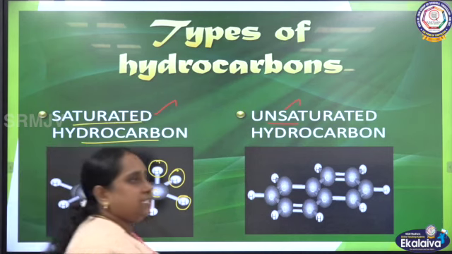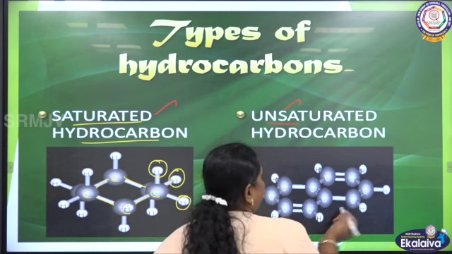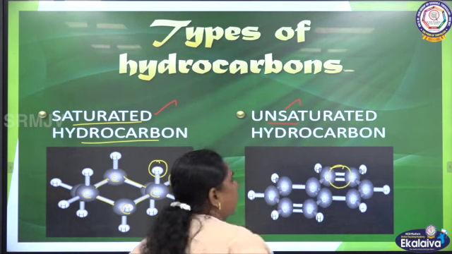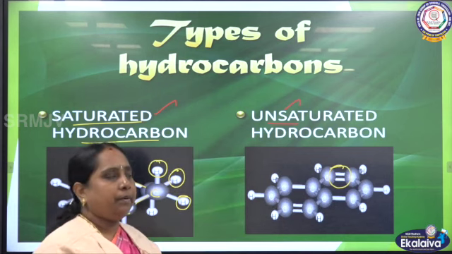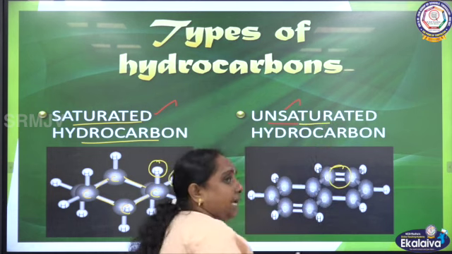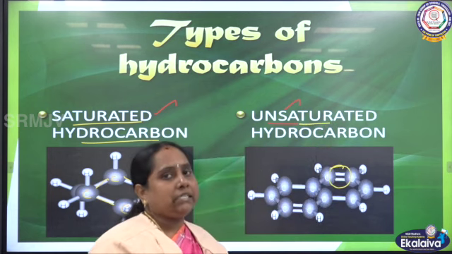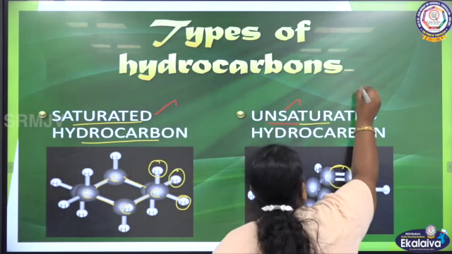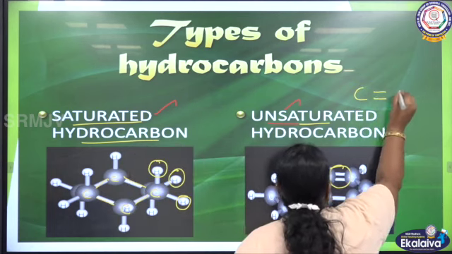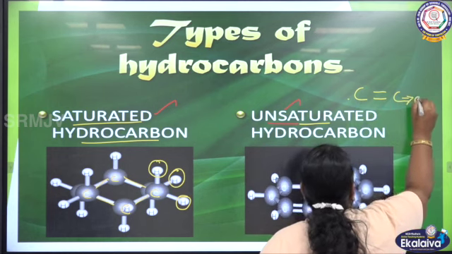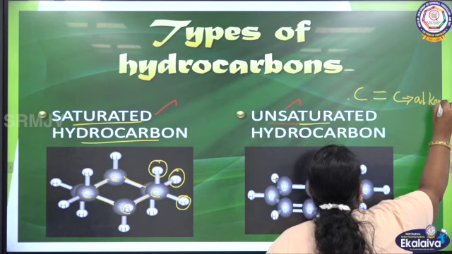If the carbon atom is bonded with the other carbon atom using 2 electrons, that means if 2 bonds are present between carbon and carbon atoms, then it is called as unsaturated. There may be double bond or triple bond in some cases of the carbon compound. If carbon contains double bond, they are called as alkenes.